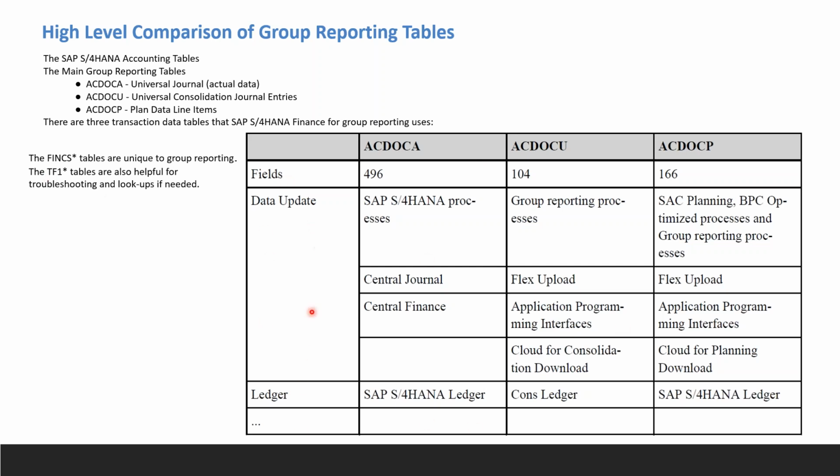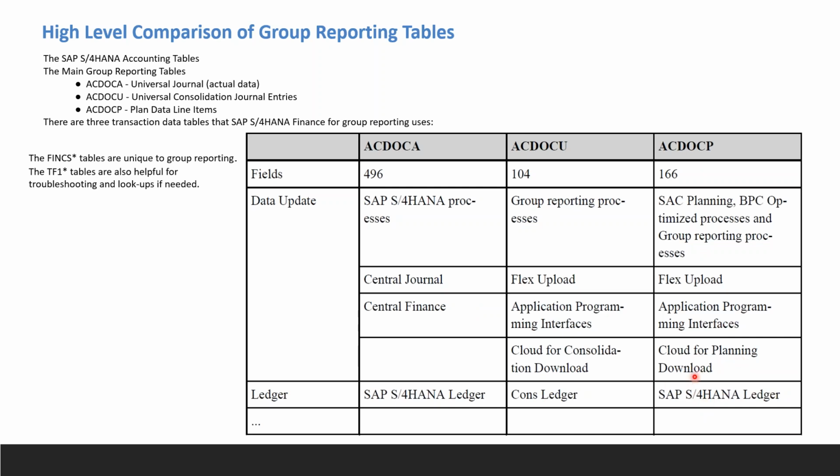So here it shows the data update. If we have Central Finance, then through Central Finance also the data is going to update in this universal journal table. And we have the ledger-wise S/4HANA ledger, the normal ledger concept. Here we have the consolidation ledger and the S/4HANA ledger only. This is for the planning purpose.